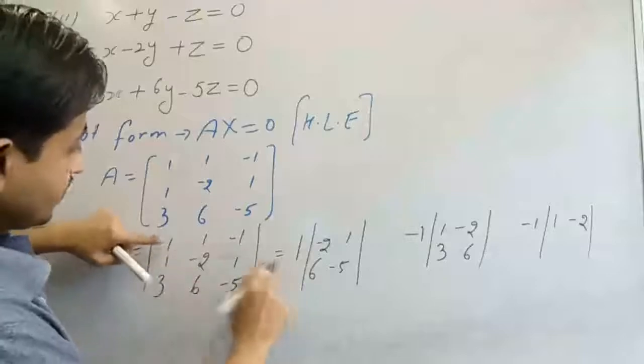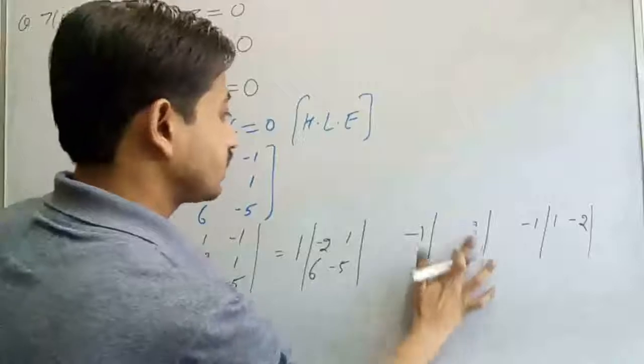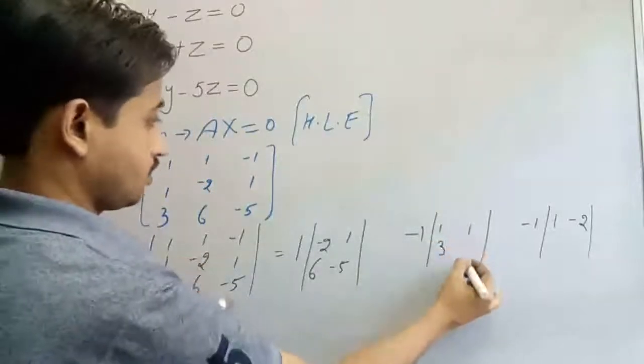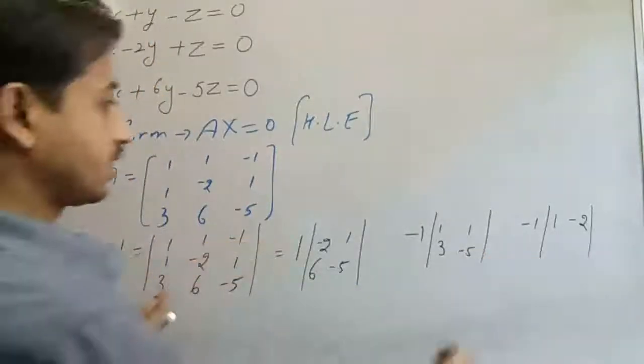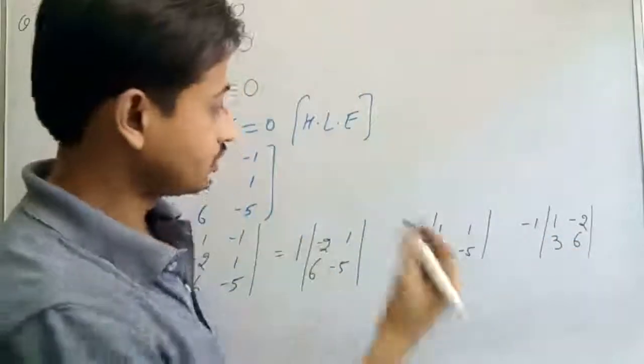If you take the first element, first row and first column, we get this. Second row and second column, what do we get? We did it wrong here. We get 1, 3, 1, minus 5. Now same, cut the third column, first row, we get 1, minus 2, 3 and 6. Now solve this.